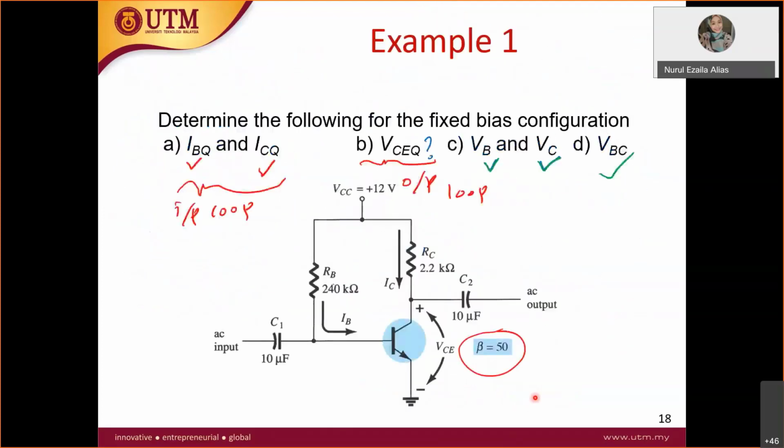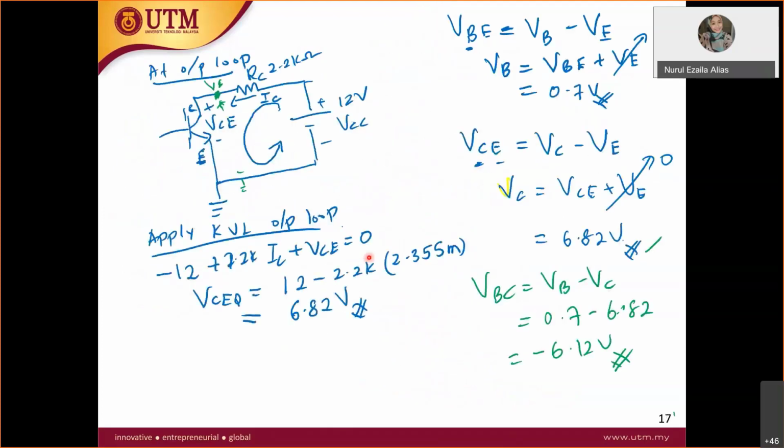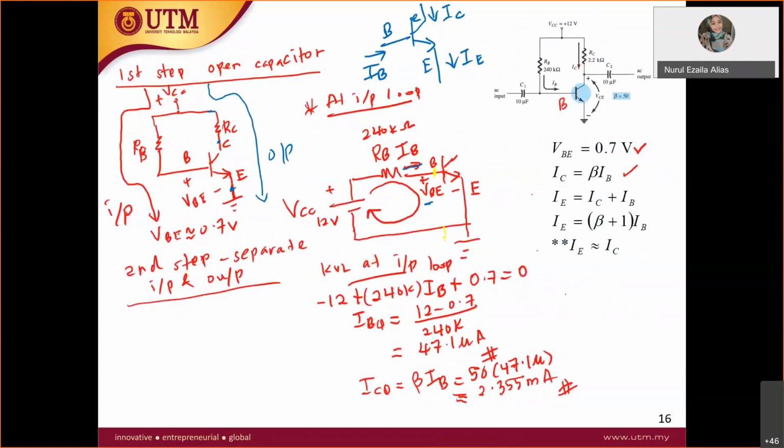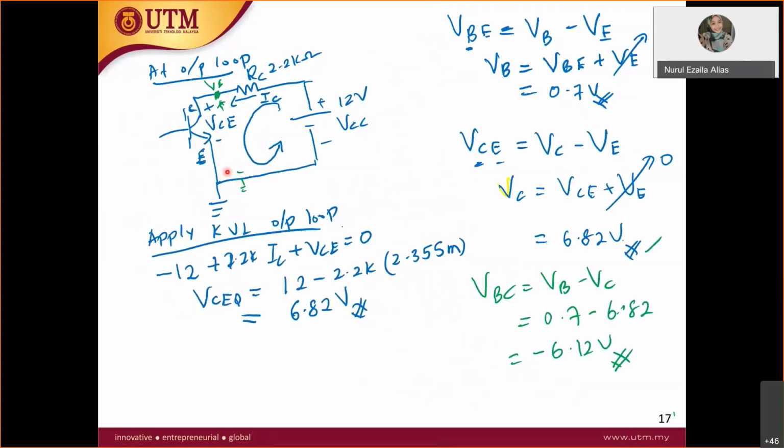For the output loop, the output loop is from collector to emitter. So this is your output loop: VCC, RC, and VCE. When you draw again, this is how it looks. From collector, you have resistor RC. Resistor RC connects to plus 12 volt and then negative goes to the ground.